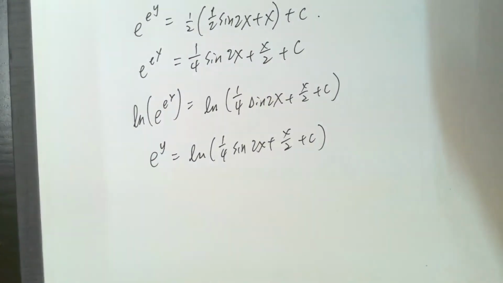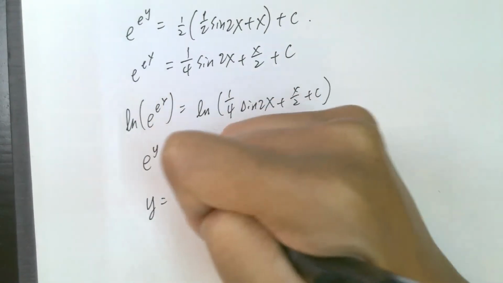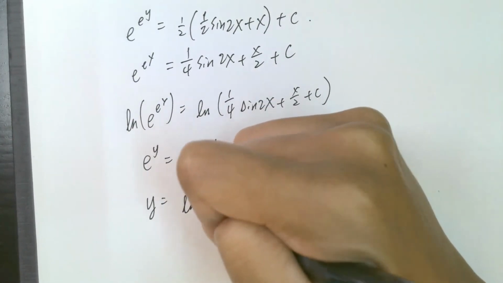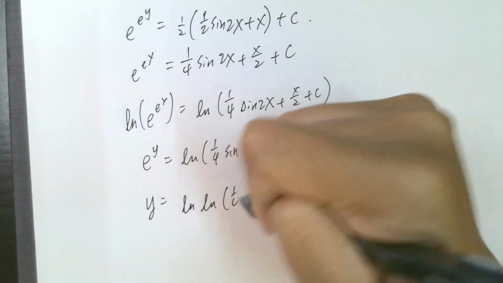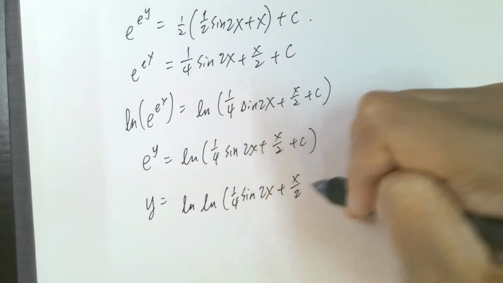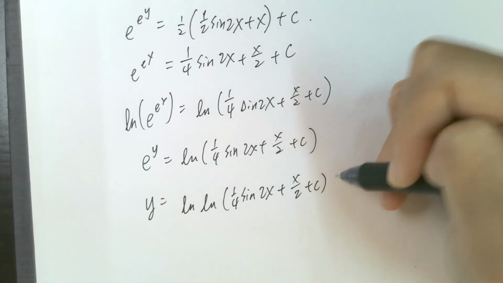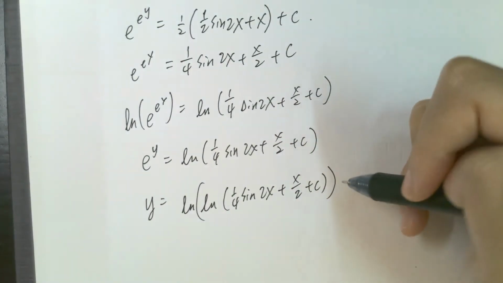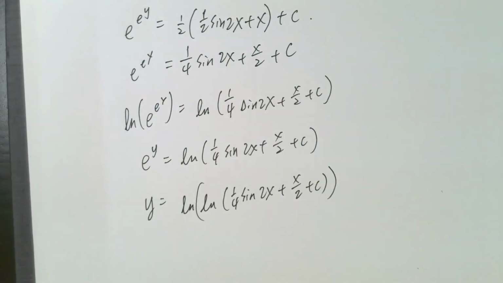This time we will get ln of ln 1/4 sine 2x plus x over 2 plus c. Alright, so we have two things, okay? Now, I have to admit this is one of the ugliest things I've ever seen. But now we're done, so we've accomplished what we wanted to accomplish, right?